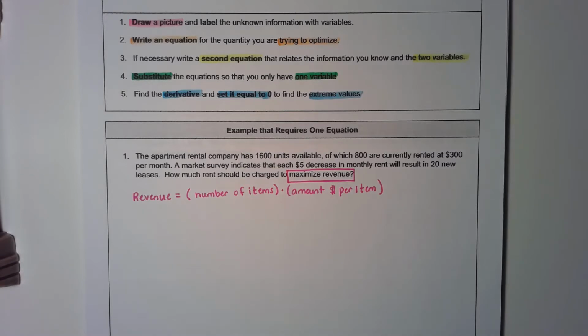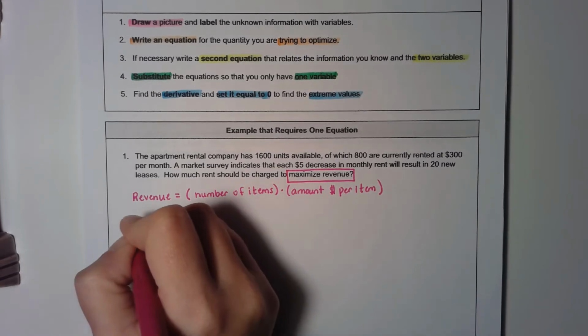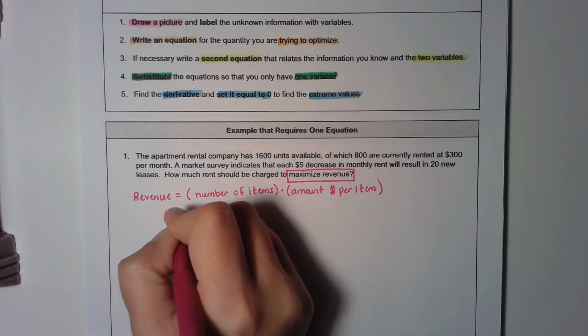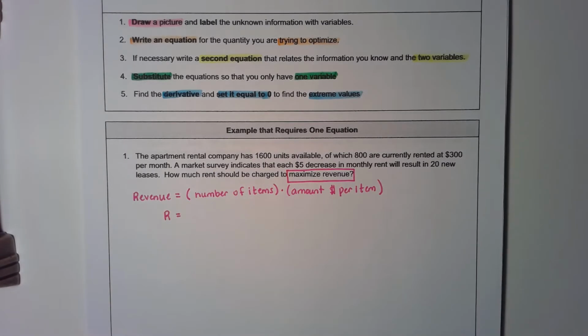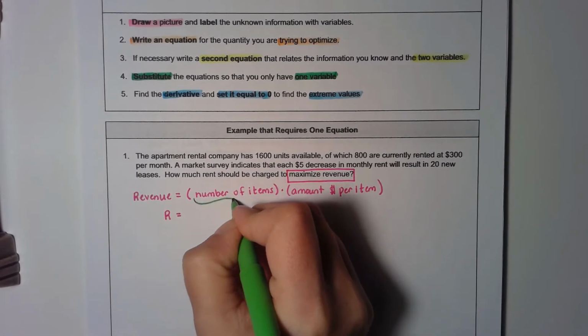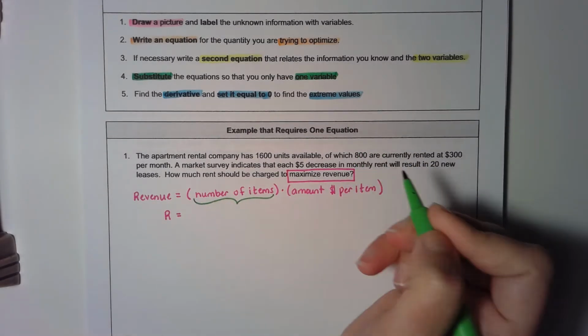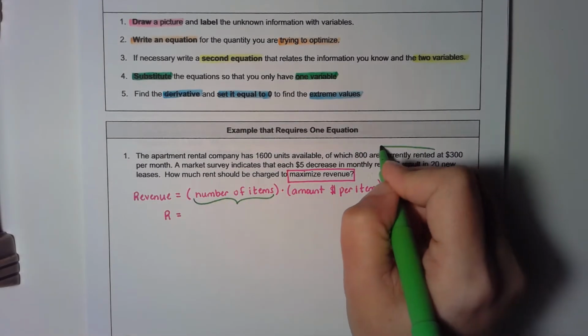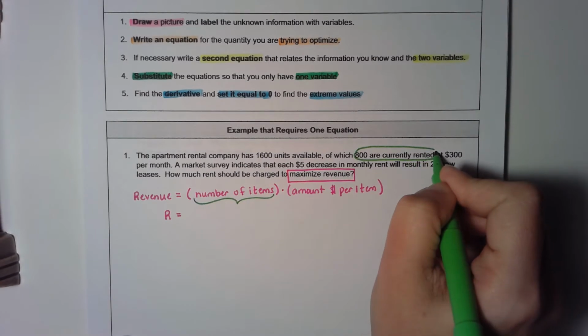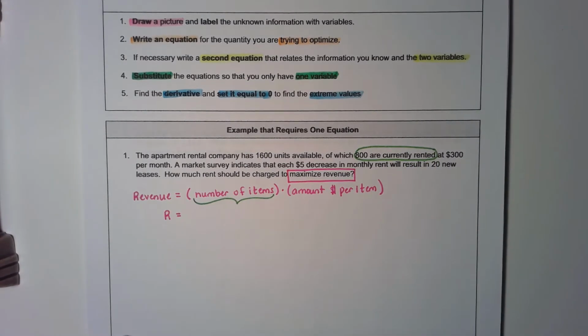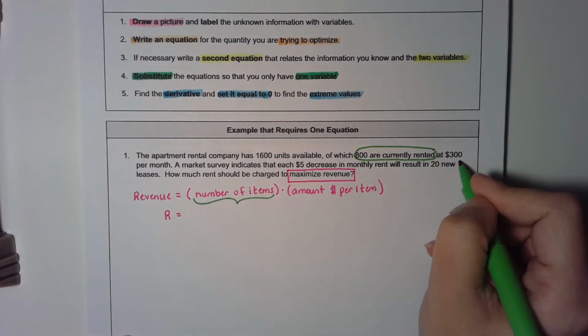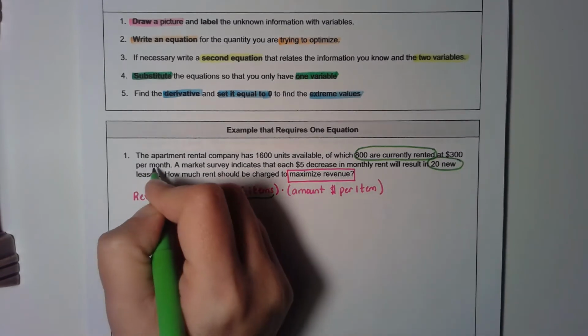Now, in this case, we know that the revenue is going to be equal to, I'm going to call this R, the number of items. Now it says here in this scenario, we already have 800 currently rented. So right now the number of items is 800. But for each decrease, we're going to have 20 new leases.